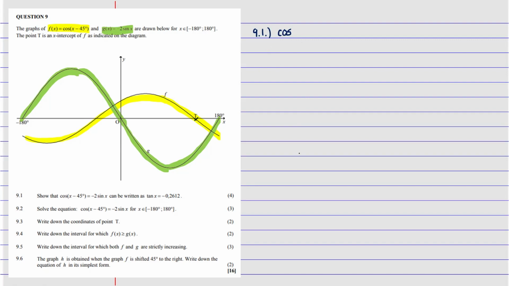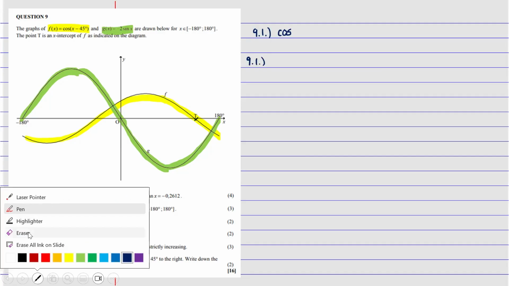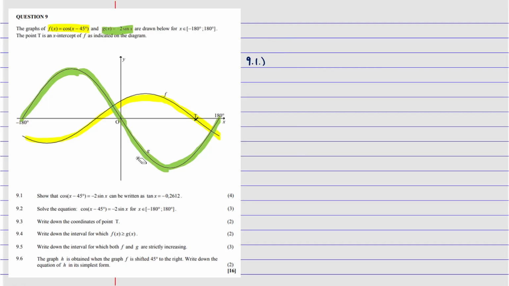Let me write it below, 9.1, because the drop down keeps on going down. So cos(x minus 45) is equal to negative 2 sine x.